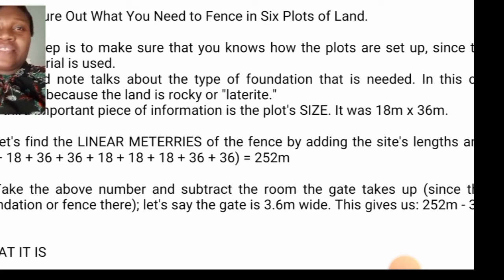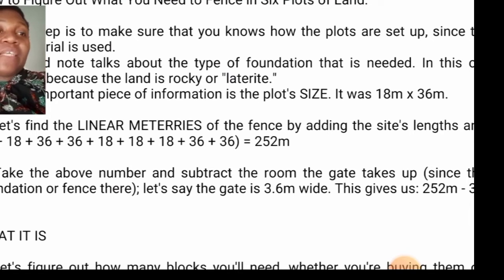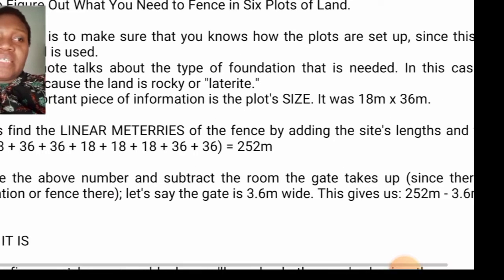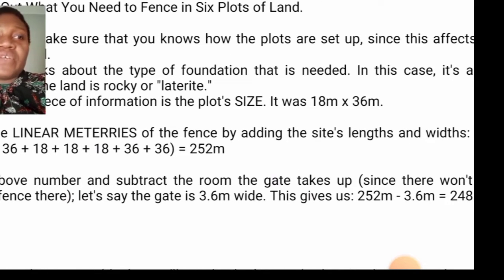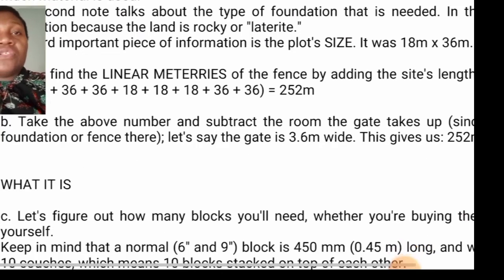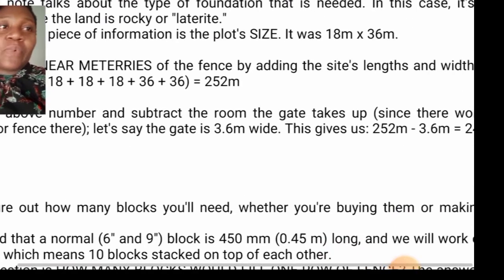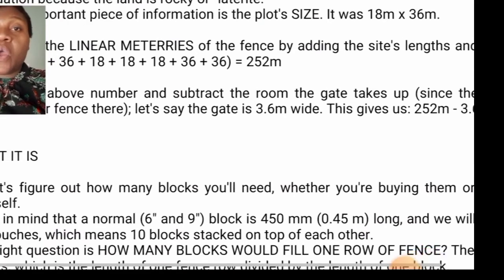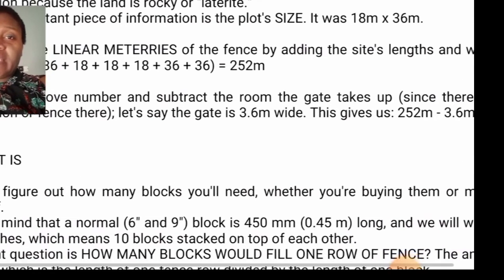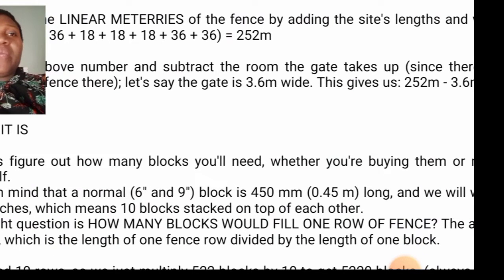So it's always a space you subtract from the total size. According to this, they said let the space for the gate be 3.6. So when you minus 3.6, you'll have 248.4 meters. So we are going to work with 248.4 meters.